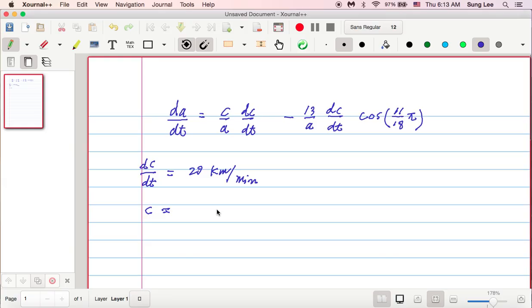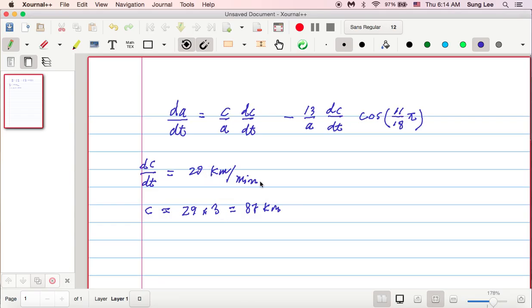So that's going to be 29 times 3, which is 87 kilometers. And so the only unknown quantity is A.